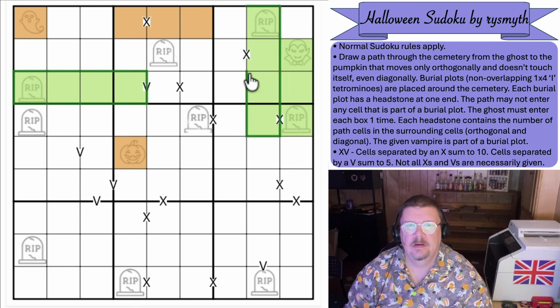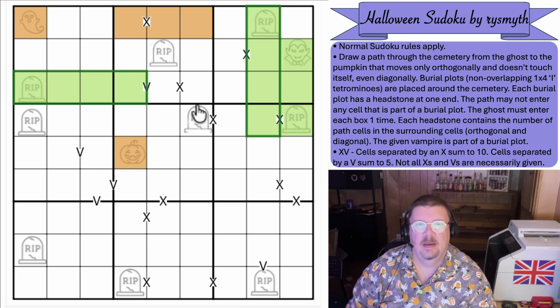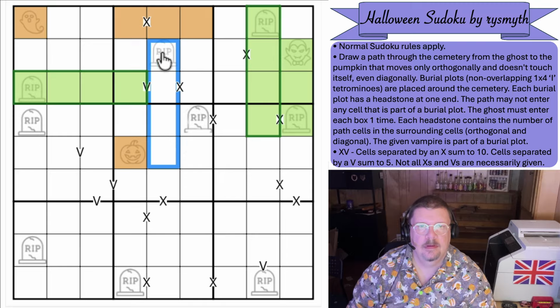Oh, and those are not. Sorry, and that's the outline for the burial plot. Good, there we go. So this can't go to the right, but it could go down, and it could go left.